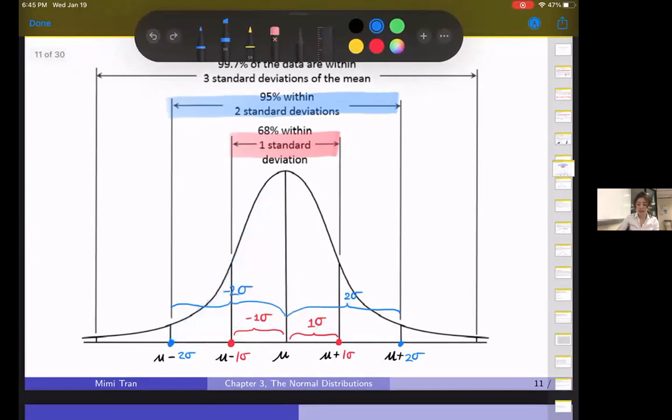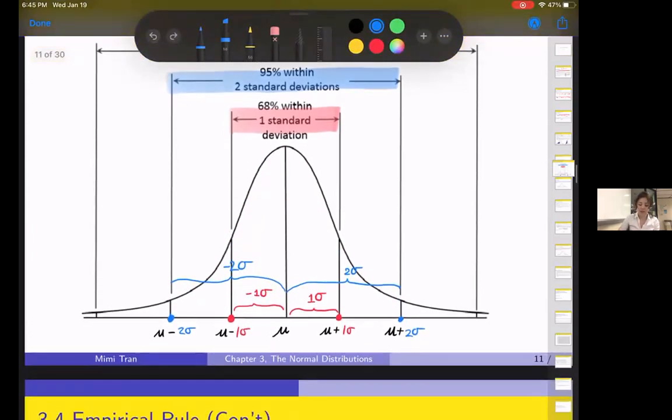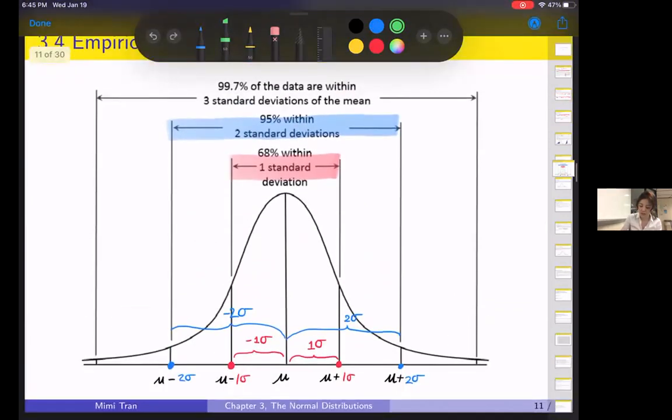And then the last one is 99.7. So even more. 99.7 is from here, all of that, all the way to here. It almost covers the entire curve, right? So 99.7 is 3 standard deviations away. Maybe I'll highlight in green.